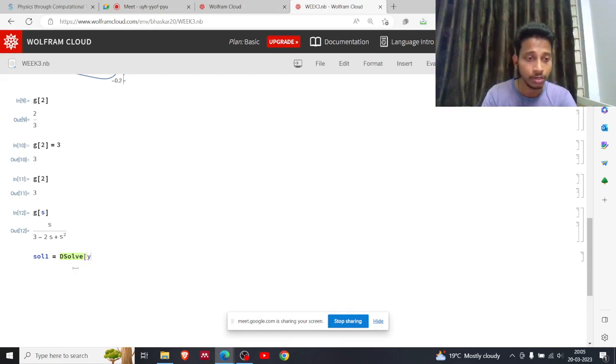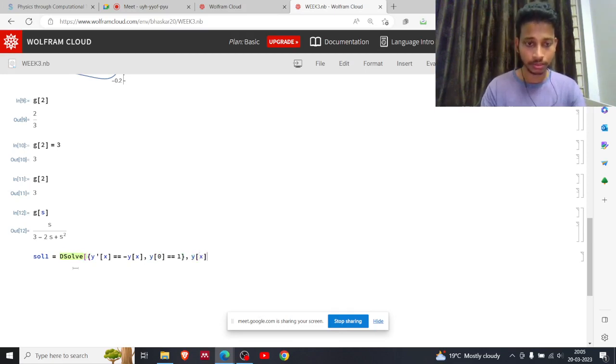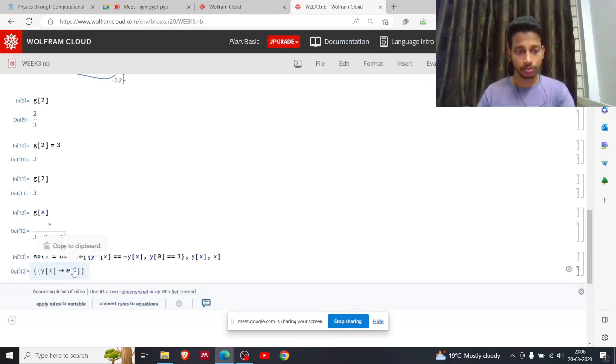So first one is y dash of x equal to minus y of x with the initial value, sorry, y of 0 equal to 1. y of x, this is the value e to the power minus x.